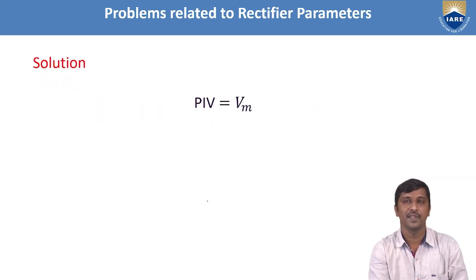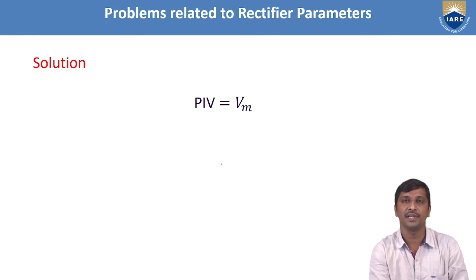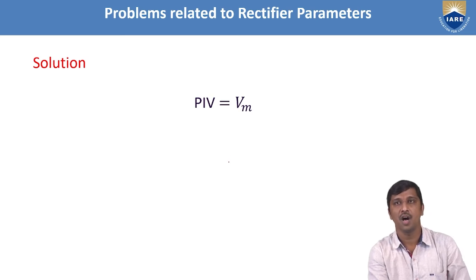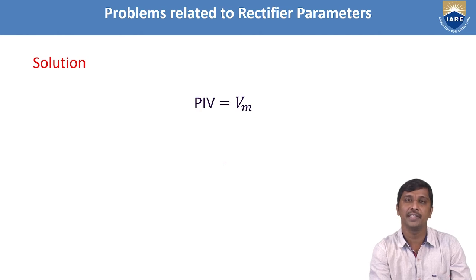Now we need to calculate the peak inverse voltage. From the basic analysis of the half-wave rectifier, we know that the peak inverse voltage is the reverse voltage the diode can withstand without being destroyed in a half-wave rectifier.